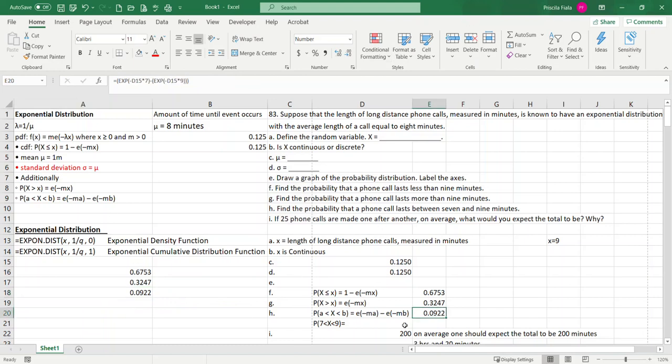See, instead of doing all this, which you could because it's easier for you to see what's going on, you can also just use these formulas. You're just going to have to really be careful when you're using a cumulative value and when you're not. And when you're subtracting, you're subtracting the smaller from the higher. Otherwise, you're going to get a negative value. And then you would be done with problem 83, which I'm actually assigning for your homework. Thank you.